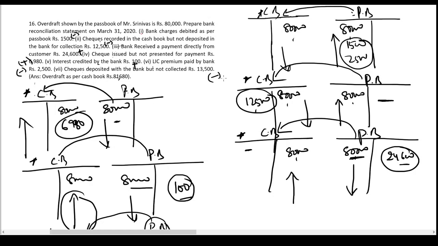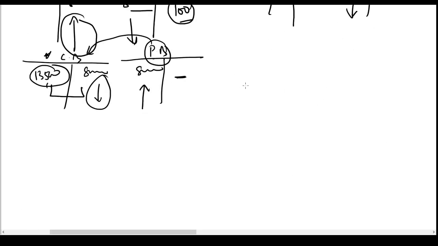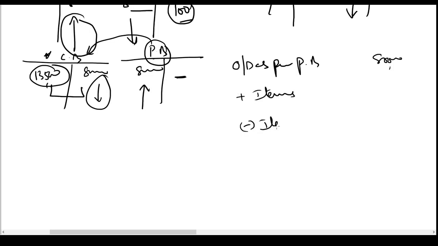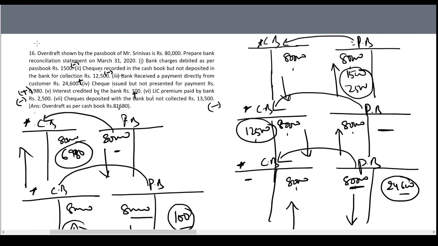Now let us try to arrive at the balance as per passbook. I'll just prepare a simple calculation here. OD as per passbook 80,000, plus items, minus items. So what is the total of the plus items? 24,600. One item is plus. 6,980 has to be added.